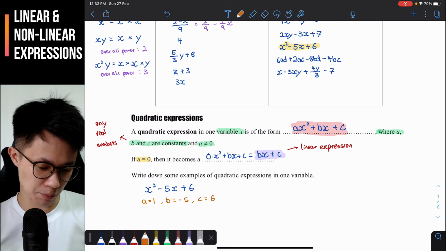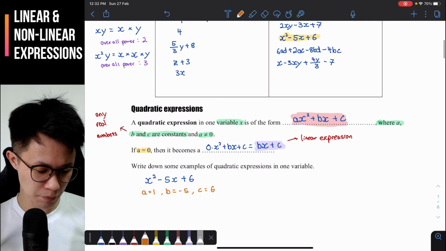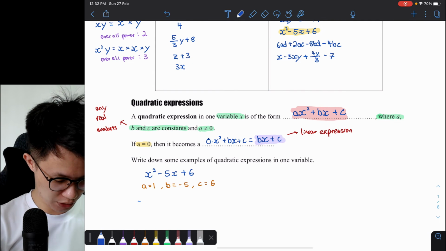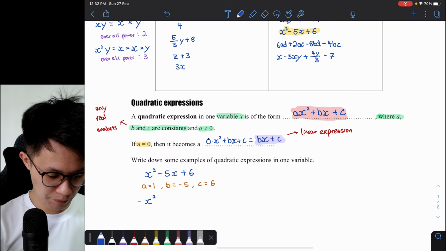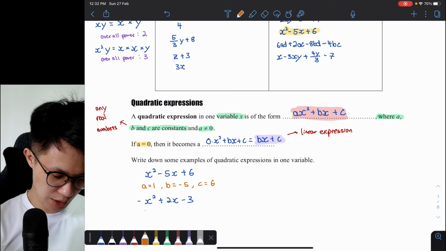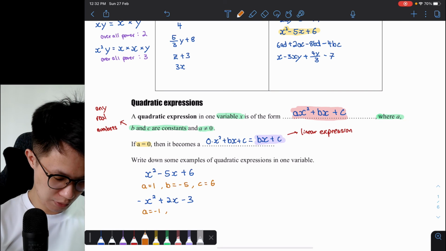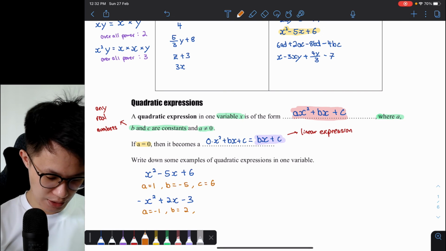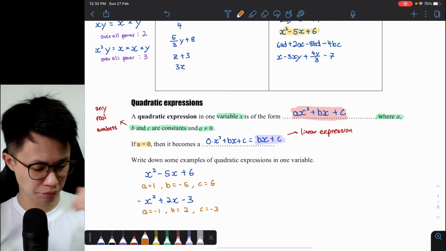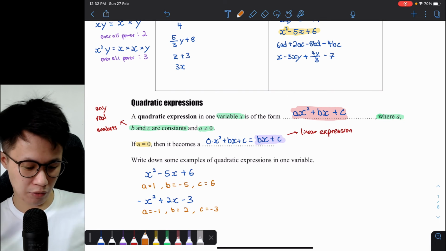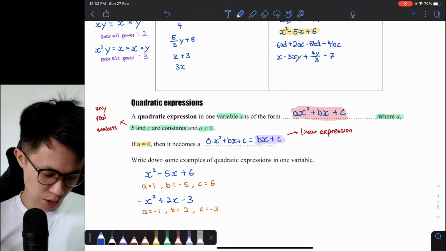We can also have different types of quadratic expressions, for example -x squared plus 2x minus 3. This means that a is equal to -1, b is equal to 2, and c is equal to -3. So this follows the rule that we have for quadratic expressions.